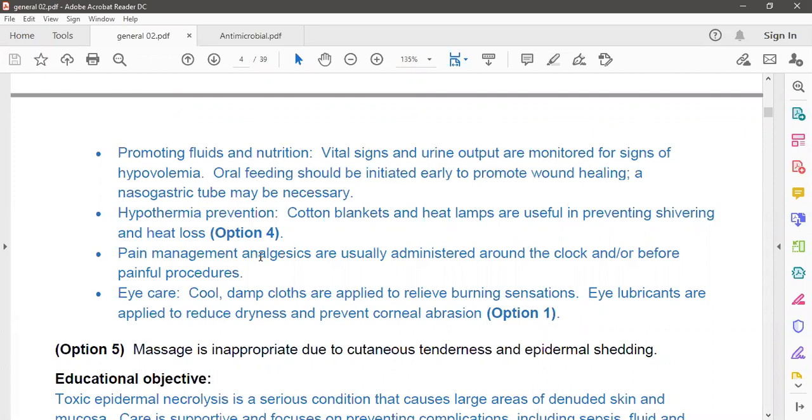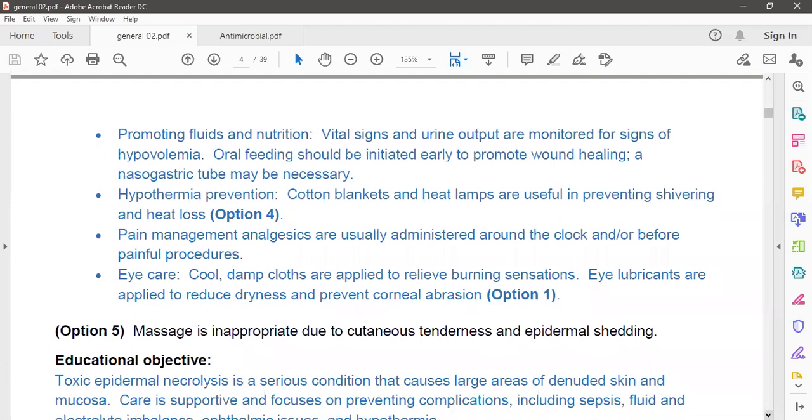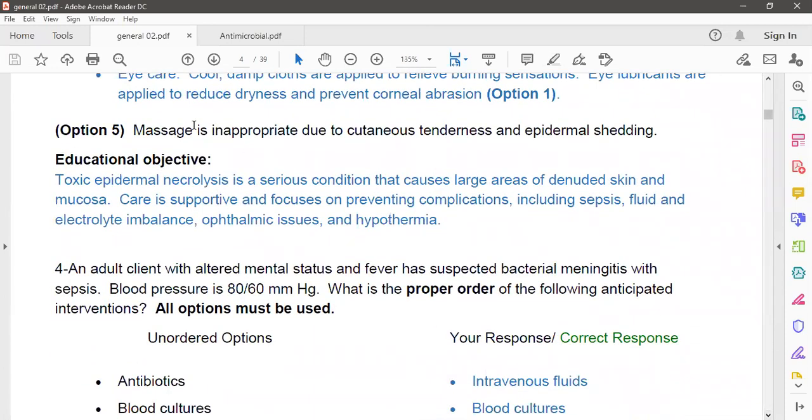Pain management: give analgesia, usually administered around the clock or as prescribed. Eye care is important to prevent dryness and redness and prevent corneal abrasion. What are the educational objectives from this question about Stevens-Johnson syndrome or toxic epidermal necrolysis?